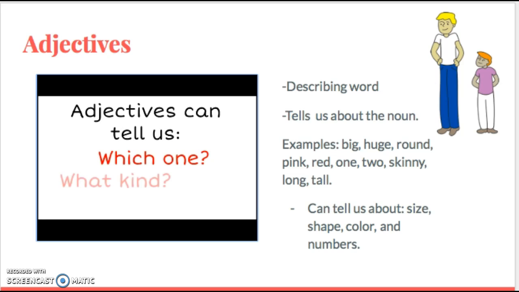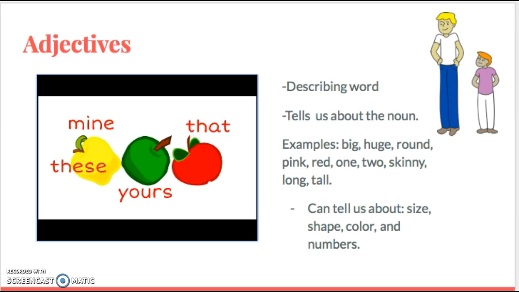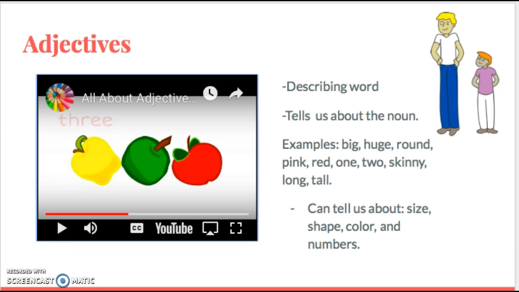Which one, what kind, and how many. For example, if you have apples, adjectives can help you describe them. Adjectives can tell you which apples they are, or adjectives can tell you what kind of apples they are. Finally, adjectives can tell you how.